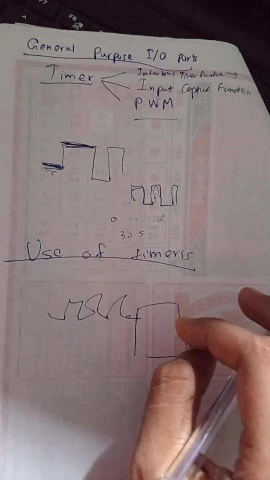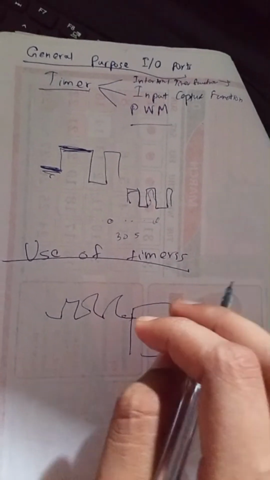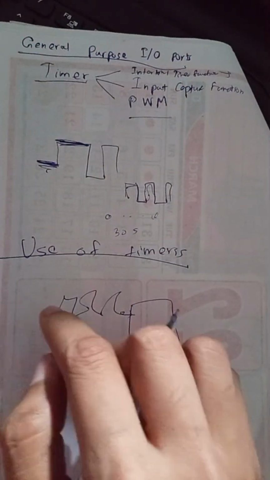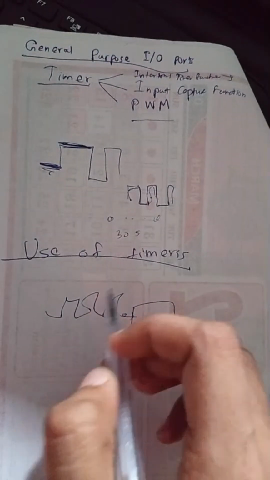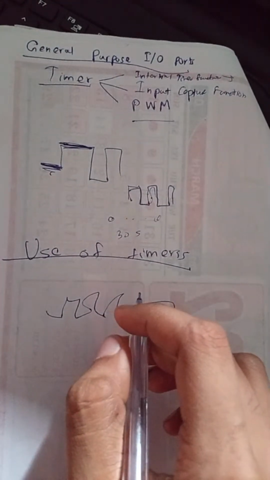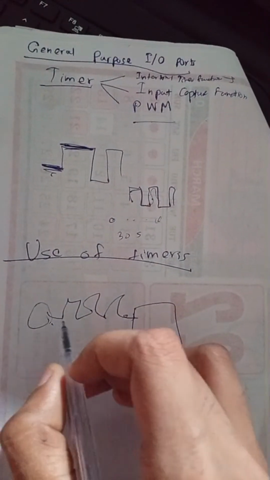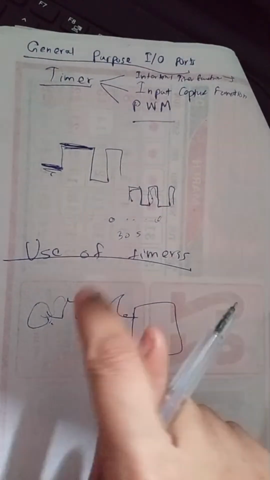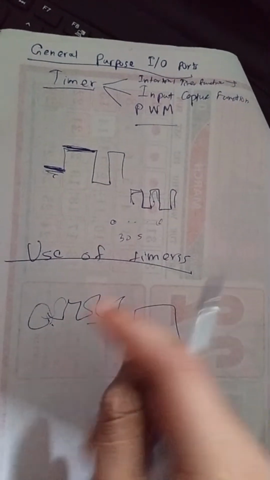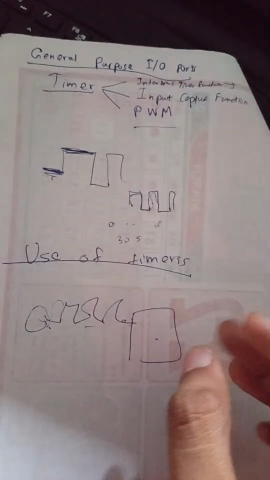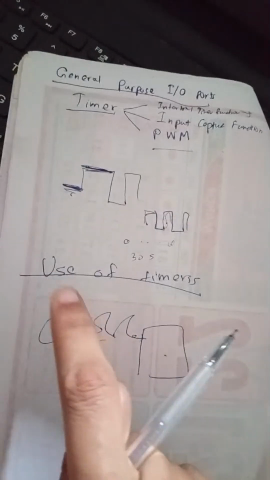Most of the time, people use a crystal oscillator or ceramic resonator to provide these pulses. It is basically like a clock, which means it just provides clock pulses.